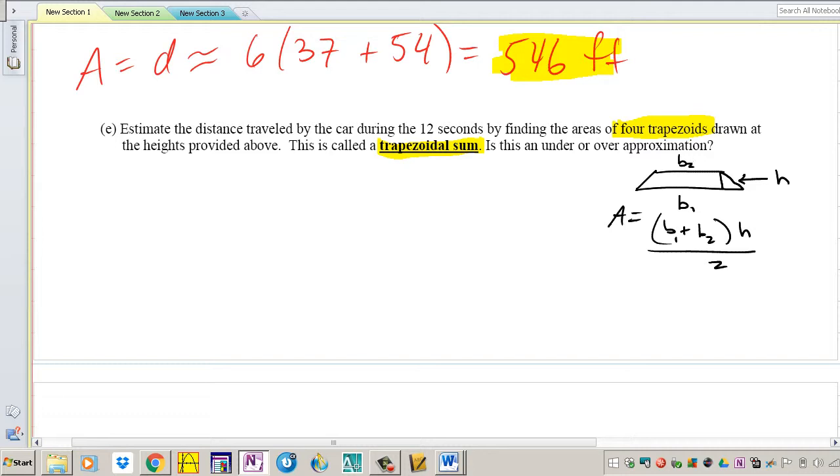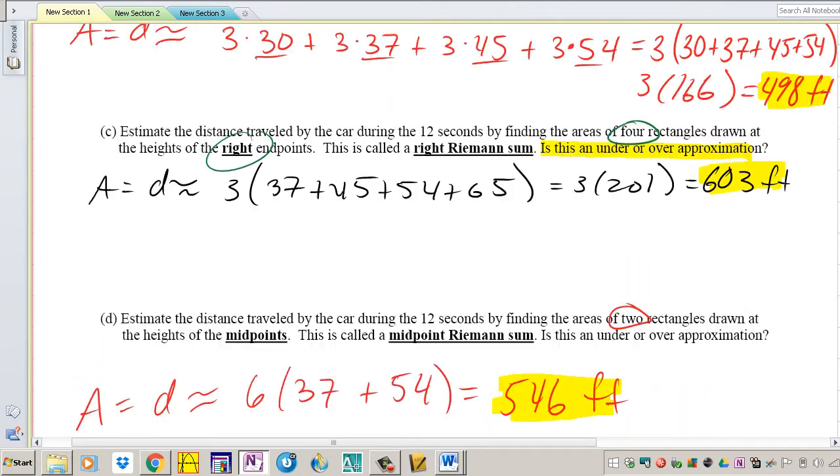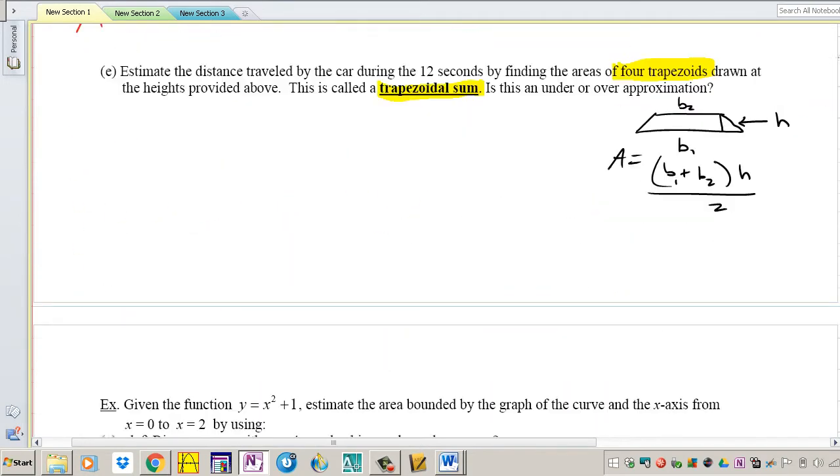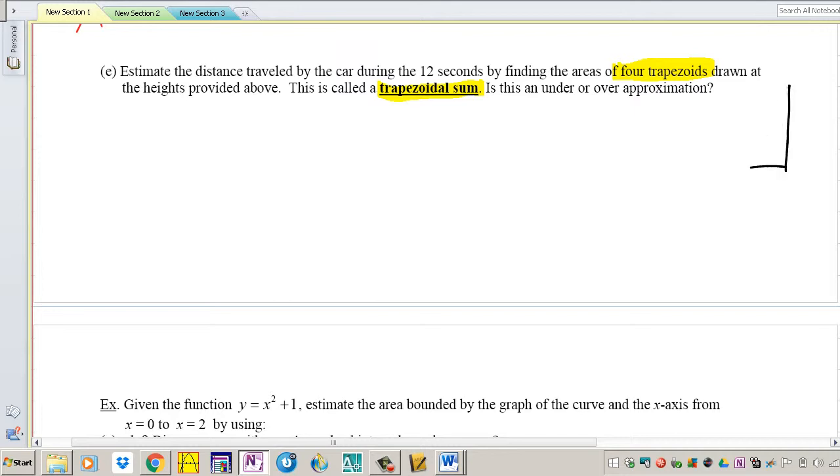But we don't form horizontal trapezoids when we're taking the trapezoidal sum here, because if you notice in my graph, we draw our rectangles in a vertical orientation. So let me go ahead and redraw this trapezoid in a vertical orientation.